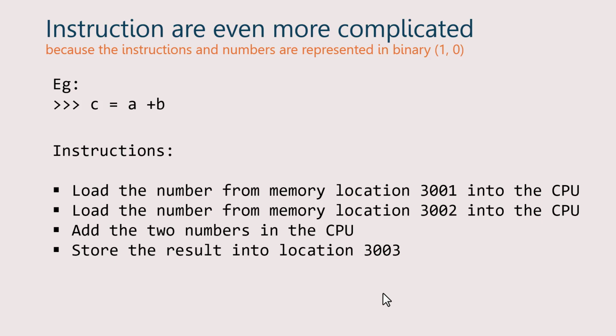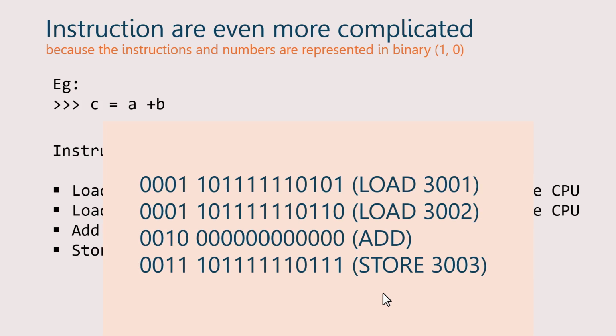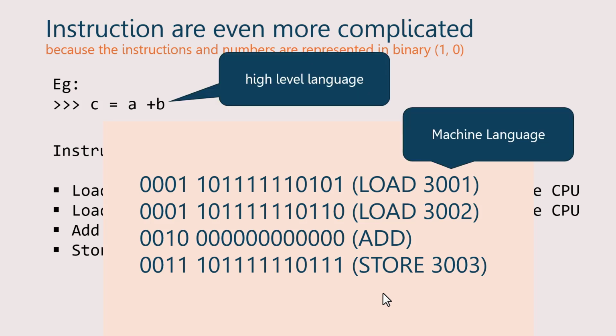That is the language that our computer understands. The computer does not understand the English language. It only understands the language of ones and zeros. For example, if you encode these instructions, it will look something like this, completely in zeros and ones. And this kind of language is called machine language.